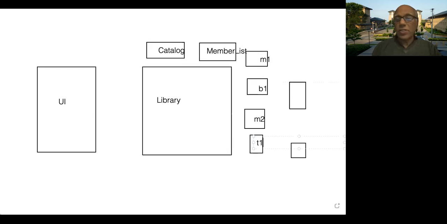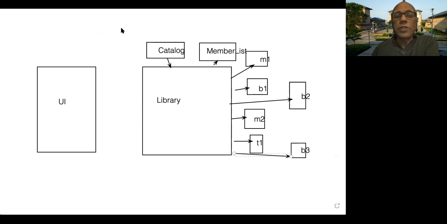Then you could have transactions. You could have more books. And so on, right? So there are a large number of objects potentially that the library is working with. So we have the library talking to all these objects. Actually, it should be bidirectional arrow, but anyway, let's not worry too much about those things. So the library is talking to all these folks.